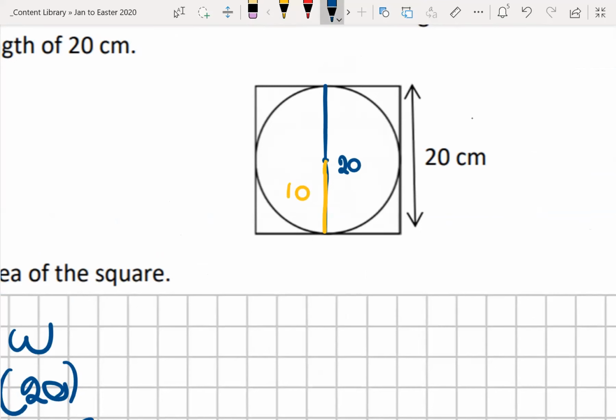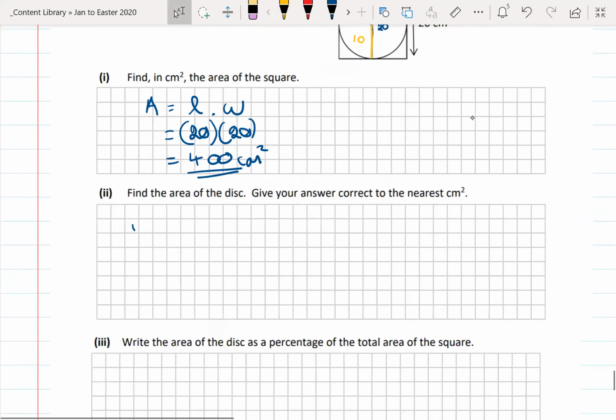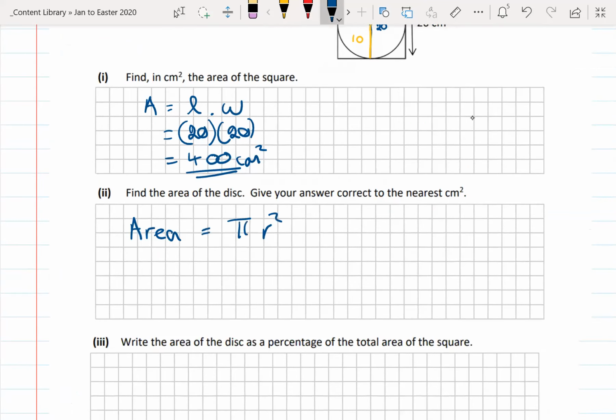So the area of the disk or circle is pi r squared. Pi is 3.14. They don't tell us what to take it as, so just take it as 3.14. Radius squared is that. So when you use your calculator and multiply that out, you get 314 centimeters squared.